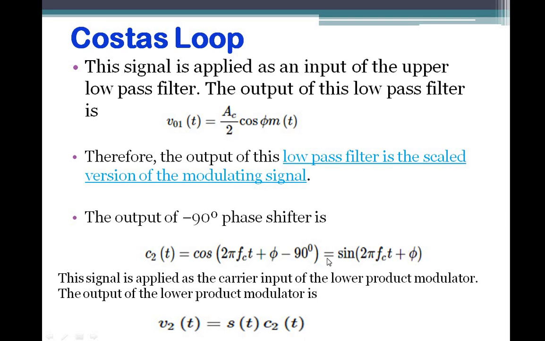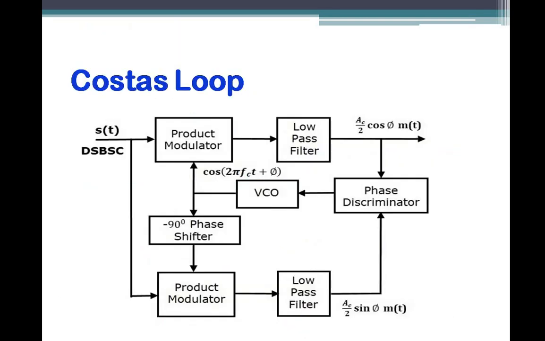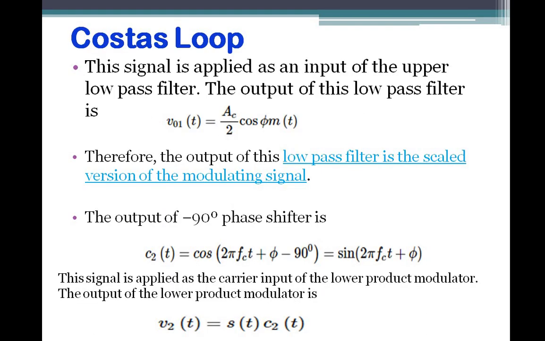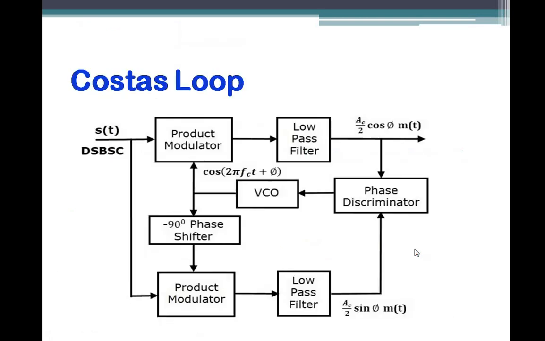This signal is now given to the product modulator, and the output V2 of t is equal to S of t into C2 of t. Now do the multiplication. For your convenience, I have given it here: V2 of t is equal to S of t into C2 of t. What is the answer you got for C2 of t? Sin(2 pi fct plus phi).